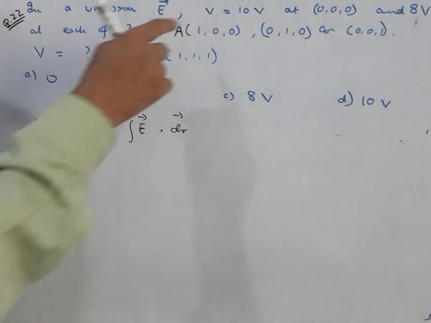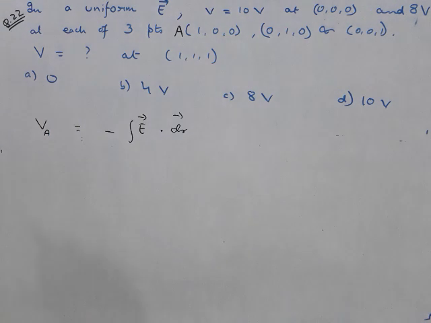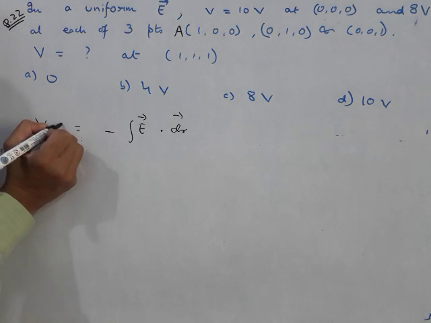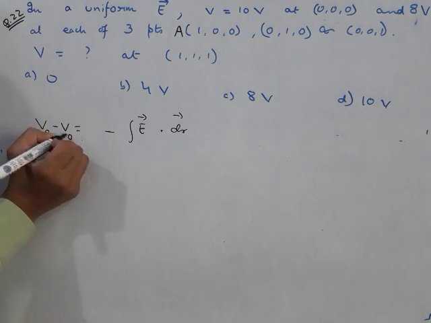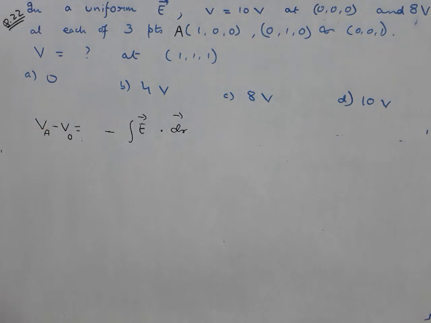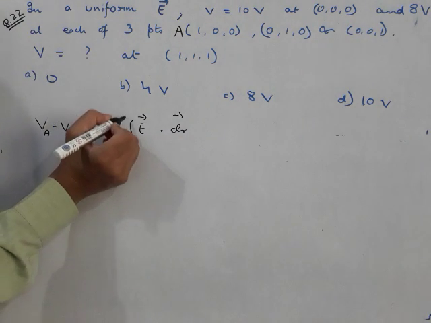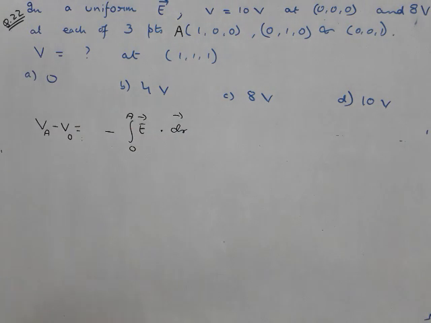Now here at origin we already know the potential that is 10 volts. So I'll write it as VA minus VO. O for origin, A is that point. Then the limits will be from O to A.